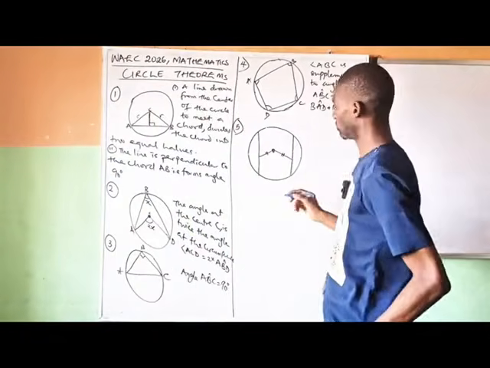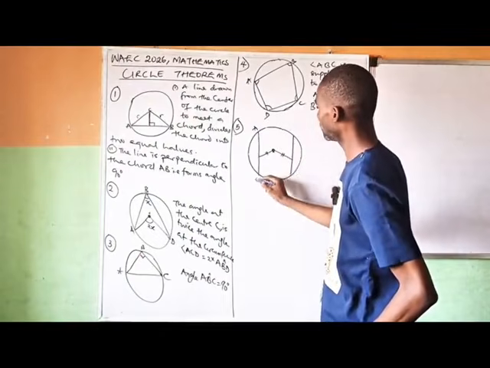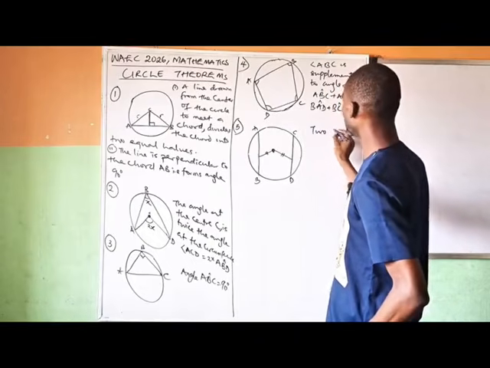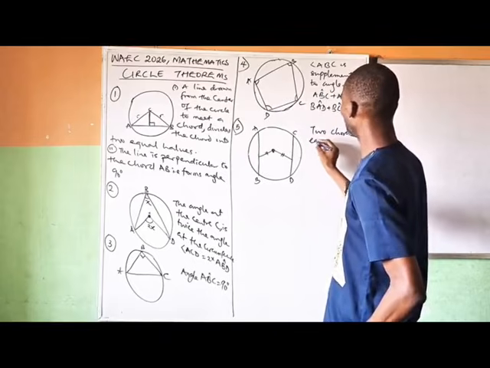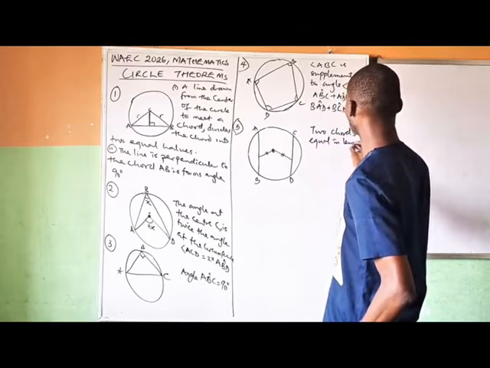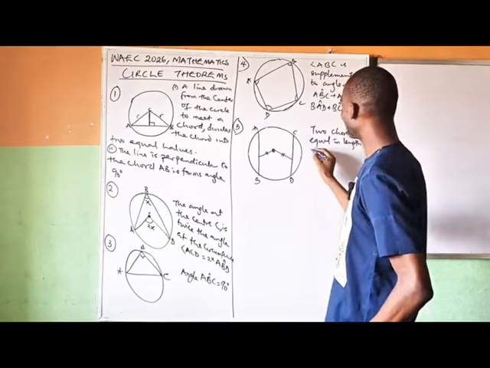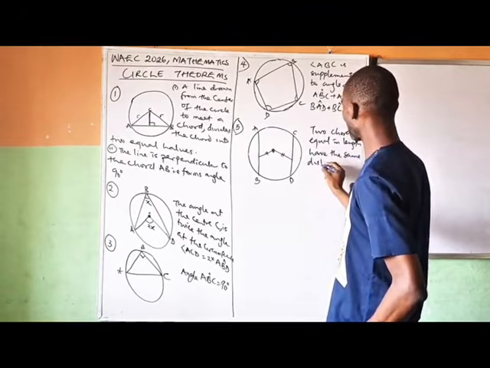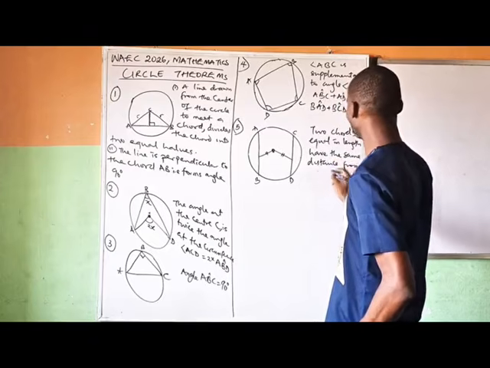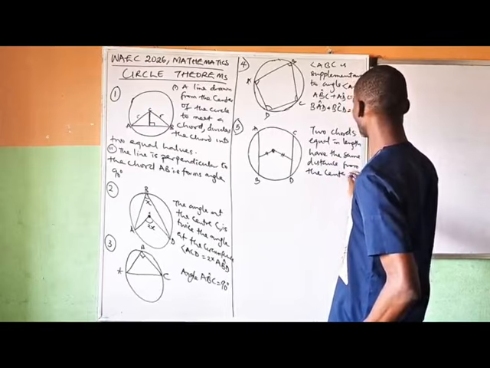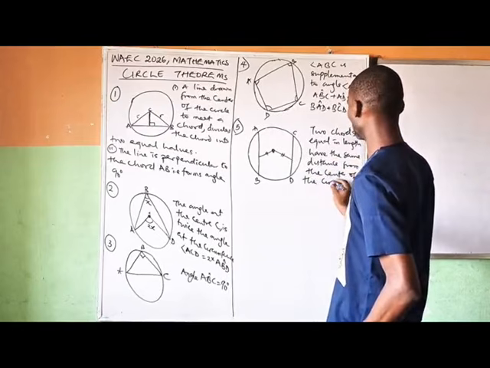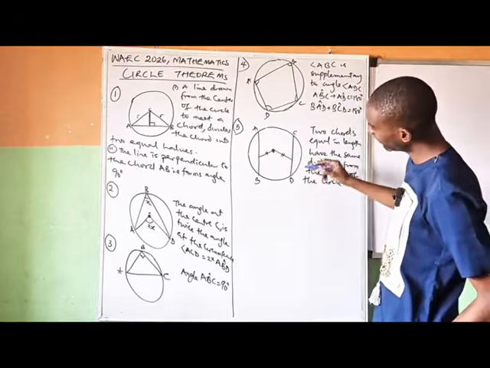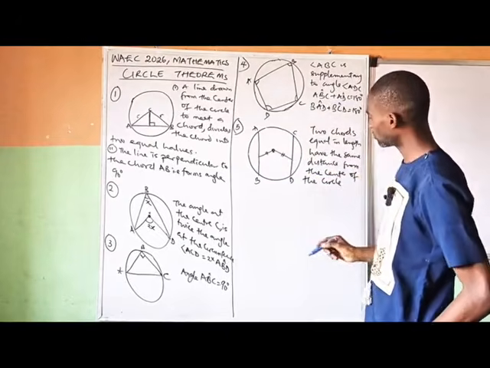If I have two chords, let's say this is AB and CD, two chords equal in length have the same distance from the center of the circle. So the distance between here and here and here and here are exactly the same, given that the length of this chord and the length of this chord are equal.